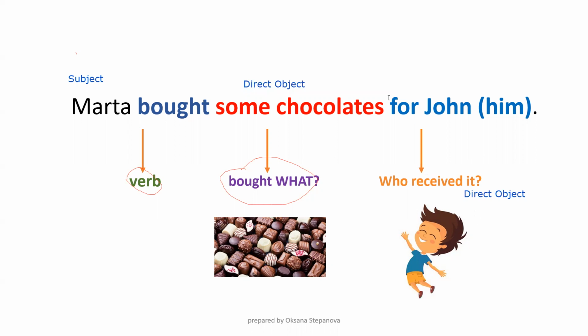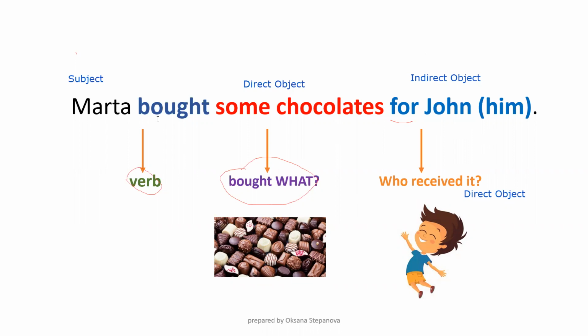And we have a preposition here which also shows that this is the indirect object. It comes with a preposition, may come without, and it is the recipient of the direct object. So John got the chocolates.